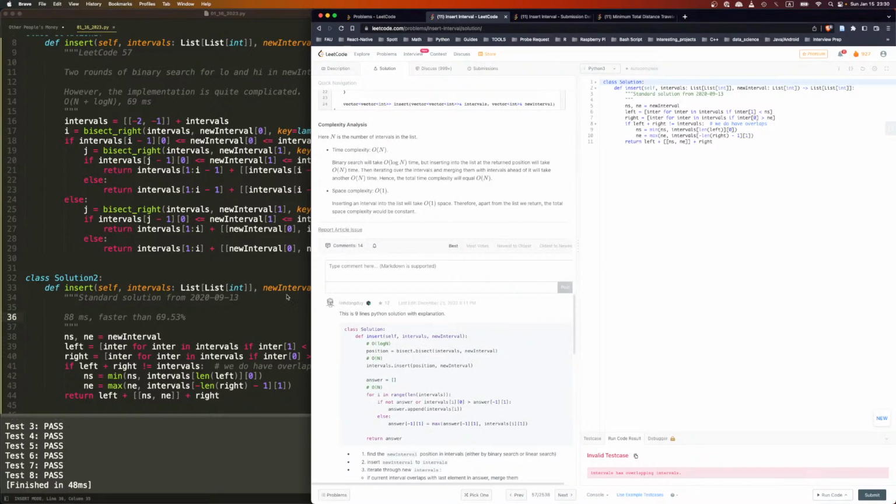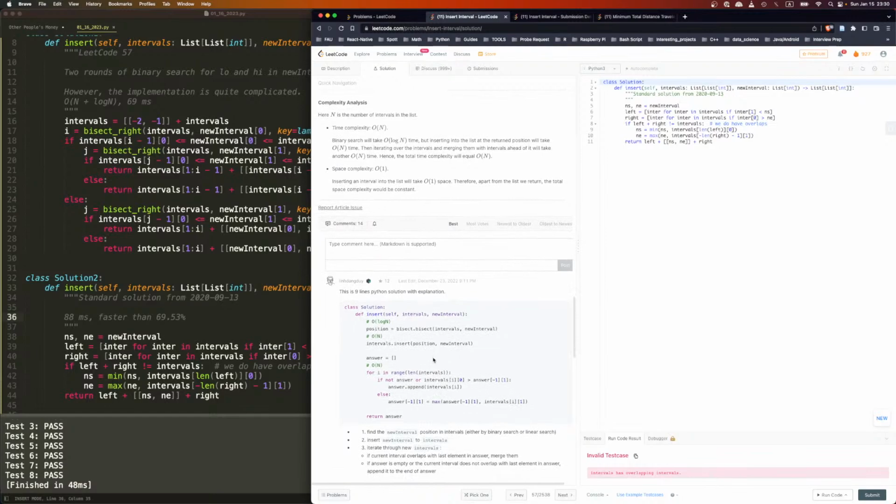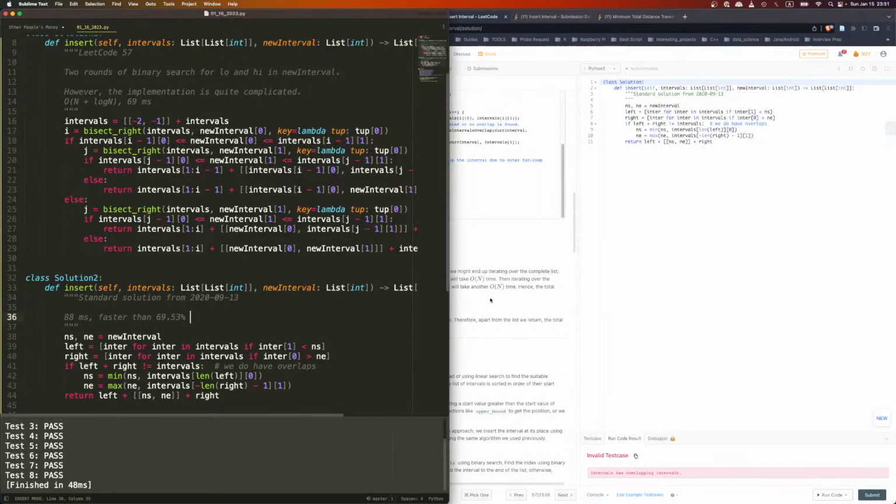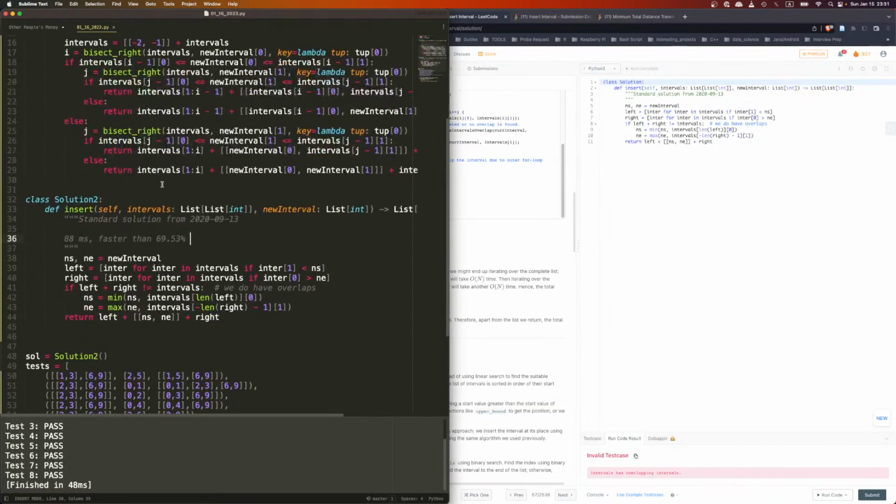Oh yeah, we can use binary search for those two positions and then do this. That's all right, I like this one. But I think I can do binary search. Hold on, we might have a solution 3.